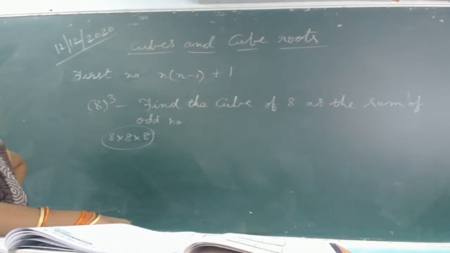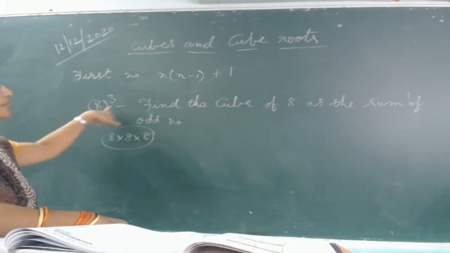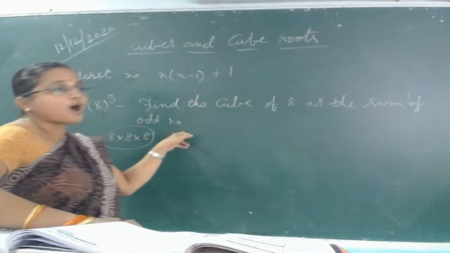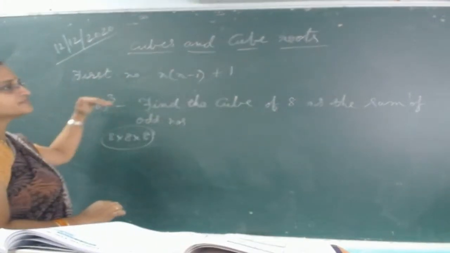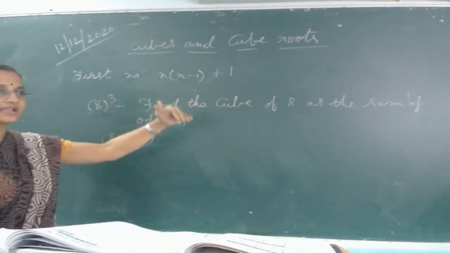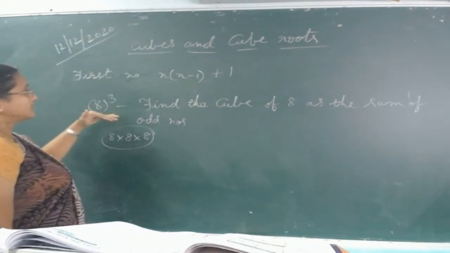How can I give? I am asking you to find out the value of 8 cube as the sum of odd numbers. Understand or not? You have to show the value of 8 cube as a sum of odd numbers, and consecutive odd numbers too.